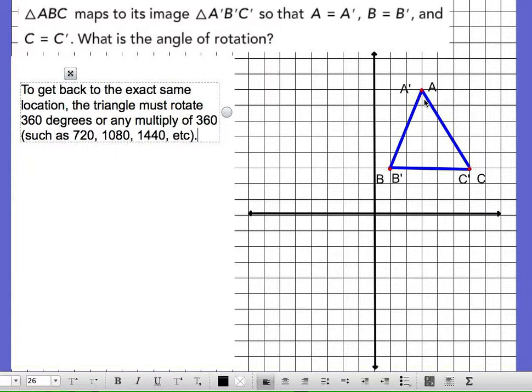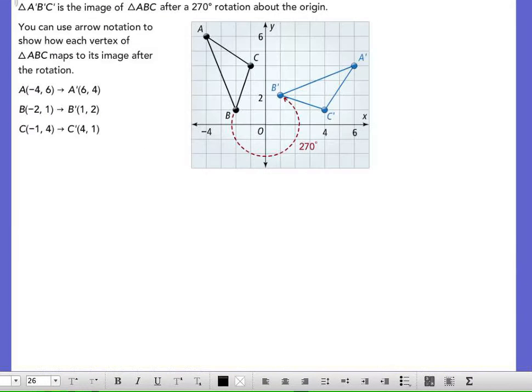So if we want to go around the grid twice, that would be 720. We go around 3 times, that's 1080, and so on. There are many types of rotations, usually in the form of 90 degrees. So 90, 180, 270, and 360 are the ones that we're going to focus on.